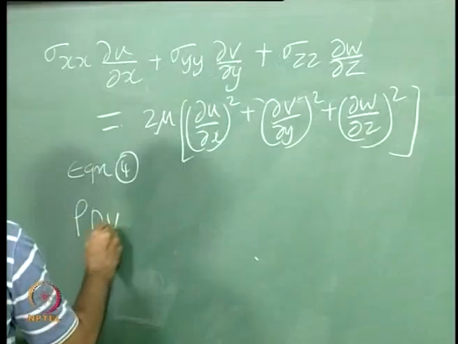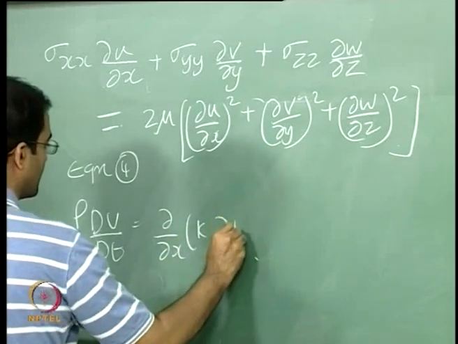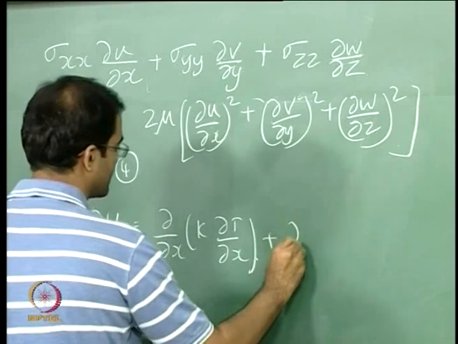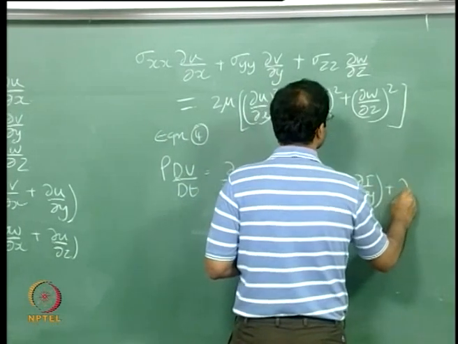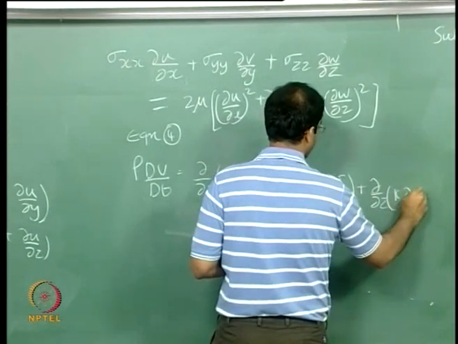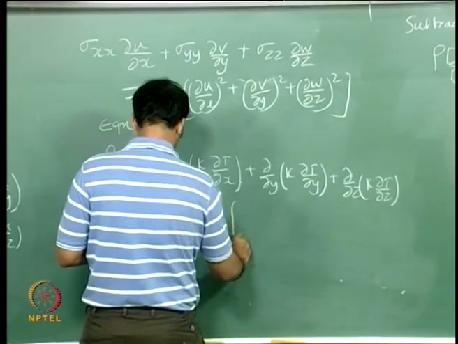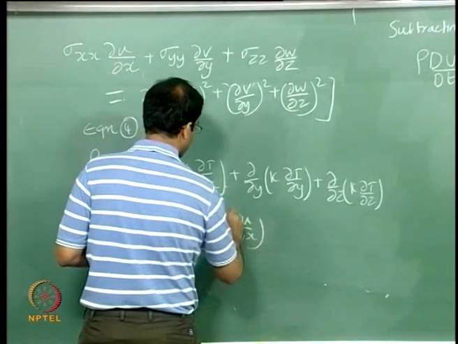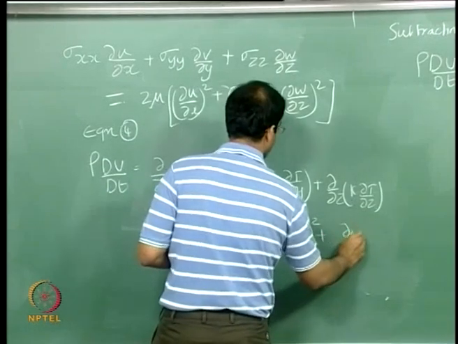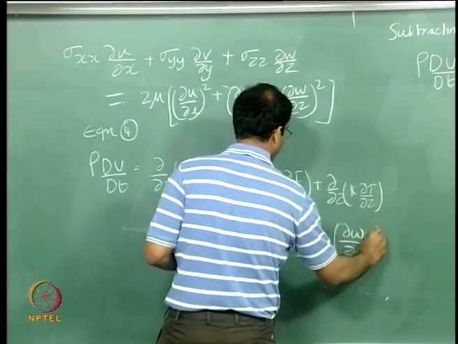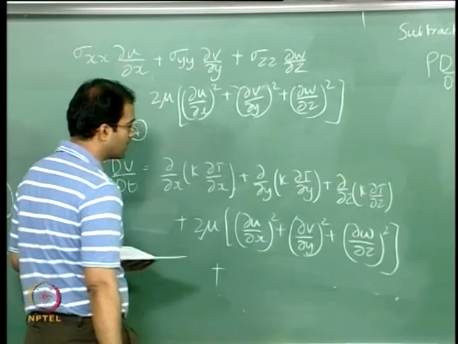rho du by dt should be plus 2 nu, and I have this term right here, du by dx the whole square, plus I can take 2 nu common for these terms also.